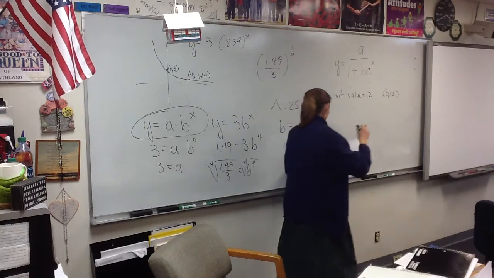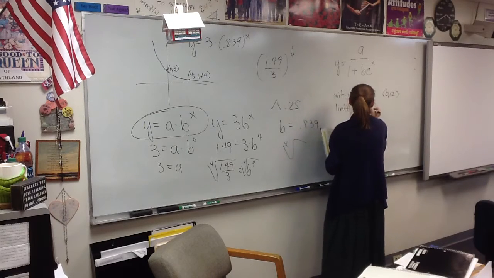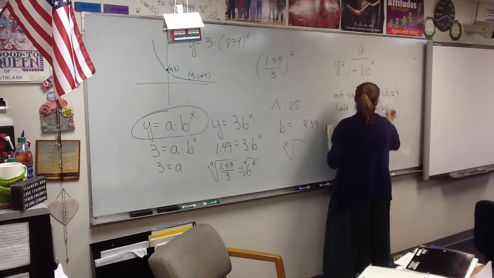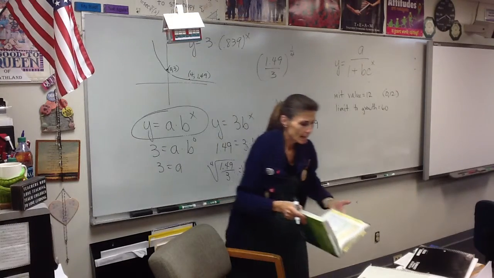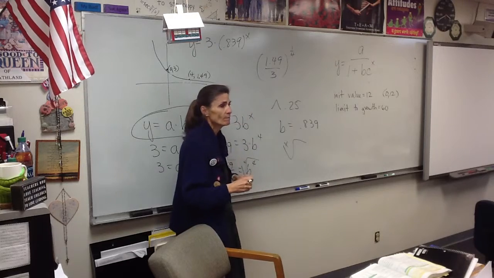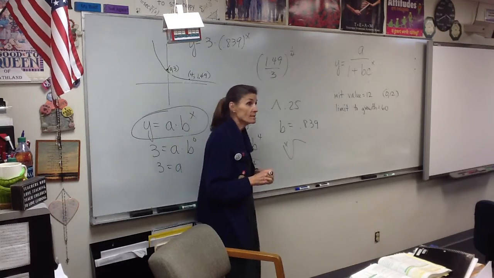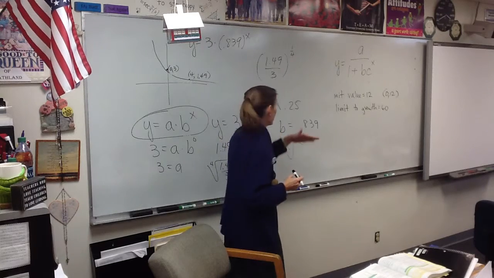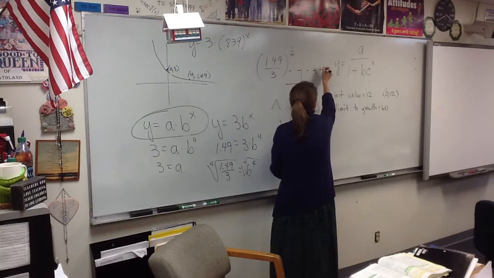Then it says we have a limit to growth that's 60. Okay, now wait a minute. We talked about that yesterday or the day before. Anybody remember that, or can you find it in your notes? What's going on with that, Trevor? Isn't it the horizontal asymptote? So if I were going to graph this, the top asymptote would be up here at 60.